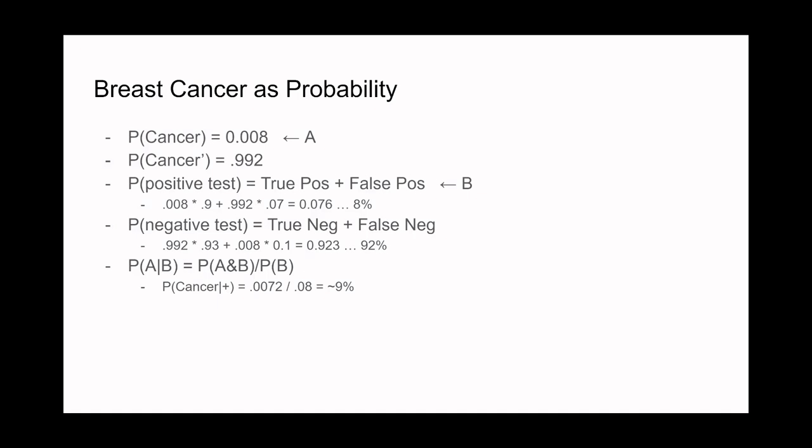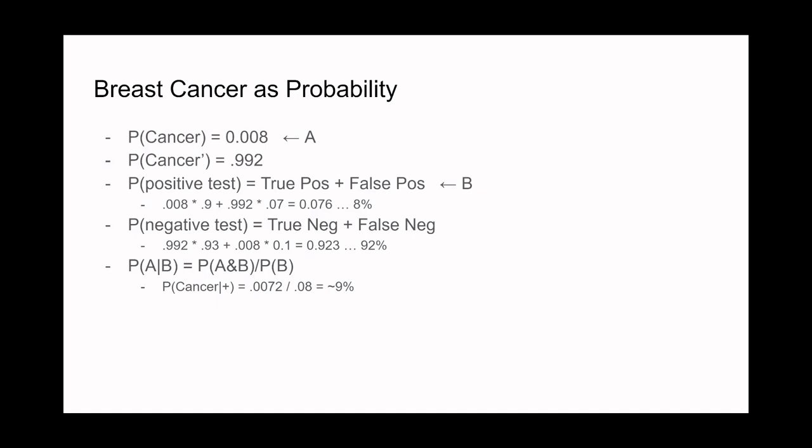So now we've got to figure out, okay, the true negatives are going to be people who don't have it. So again, that's going to be 99.2% of the population. And our specificity, which again I inverted there, was actually 93%. So that means if they don't have it, 93% of the time it's going to tell them they don't have it. So I multiply those together. And then we go to the population that actually does have the disease.